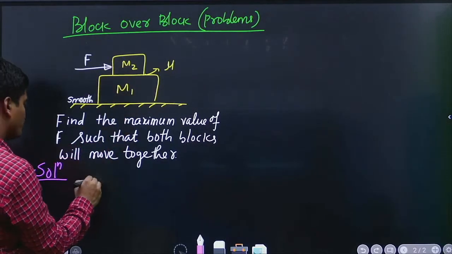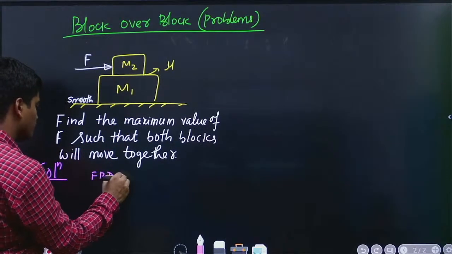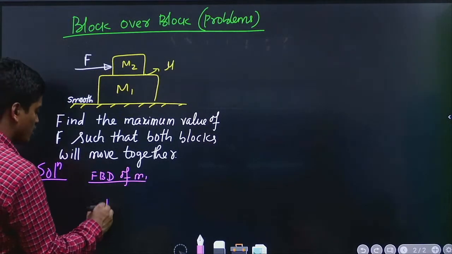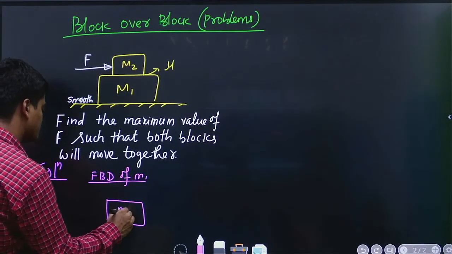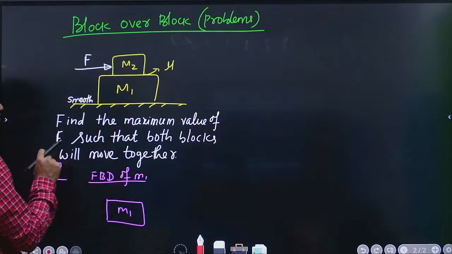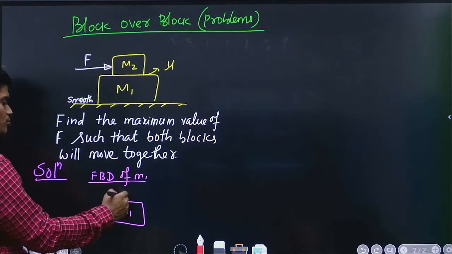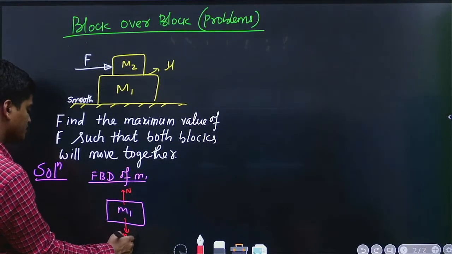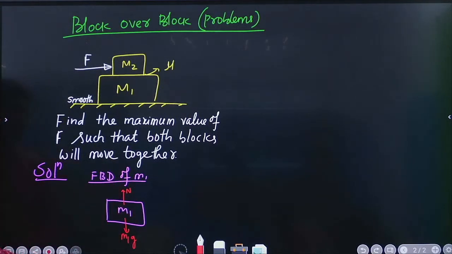First we draw the free body diagram of M1. For M1 there is one normal reaction N upward, and M1 g vertically downward.